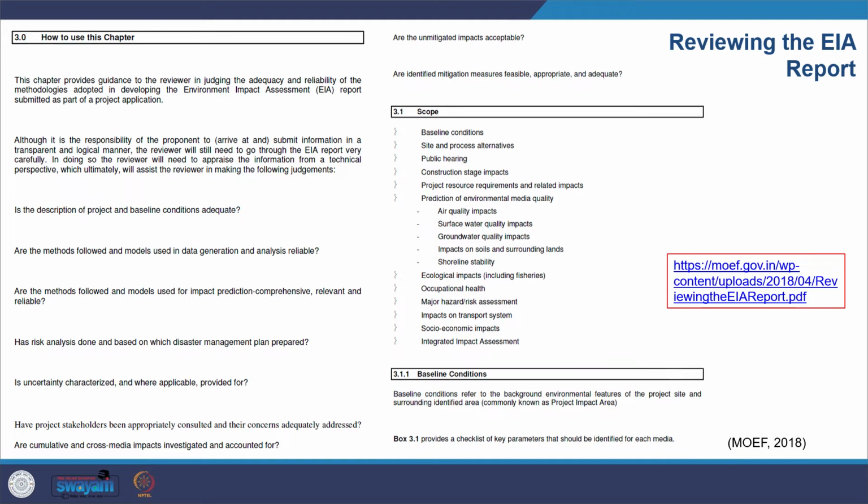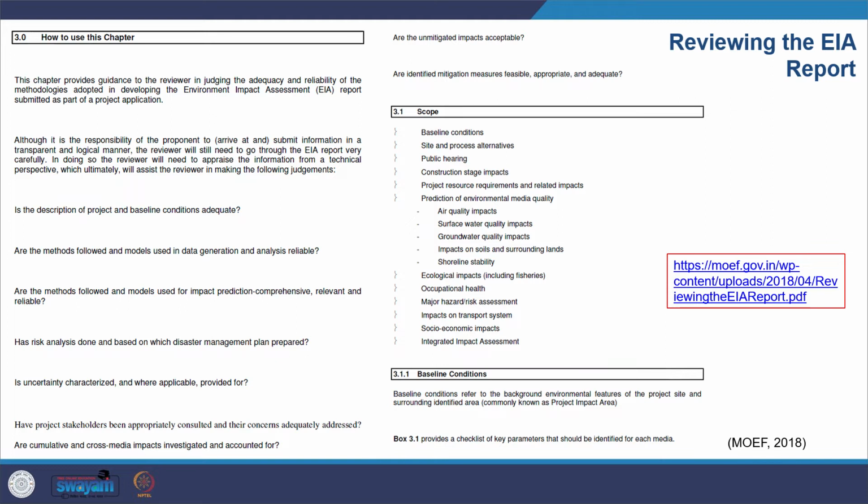So whether you have done it or not, and on what basis you have prepared the disaster management plan. And then, is uncertainty characterized, where applicable? We did talk a lot about uncertainties involved in prediction, so have you categorized that, and what kind of information have you provided about it?